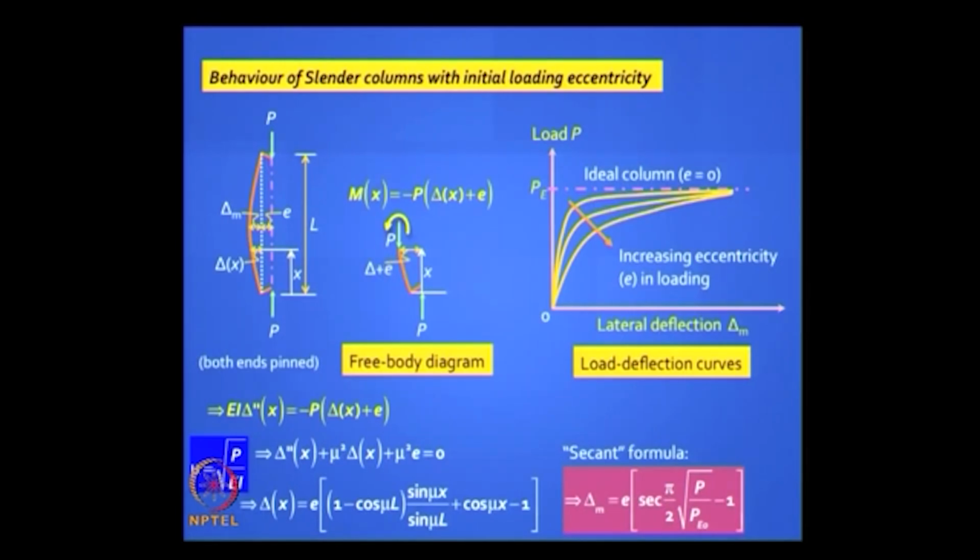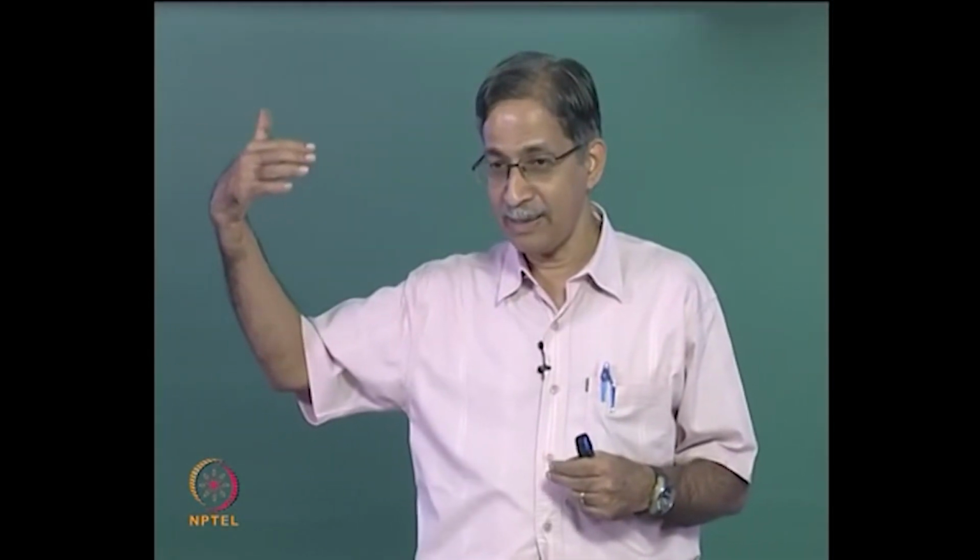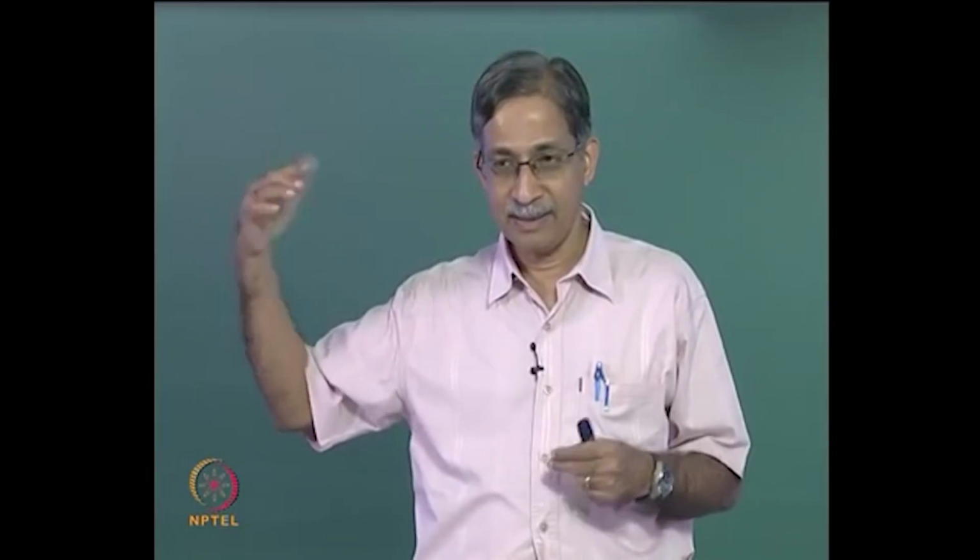So it is going to deflect more and more as you apply more and more axial load. But there is no way you can apply an axial load higher than the critical buckling load of a column without any eccentricity. So you will find all these lines theoretically will asymptotically hit your critical buckling load. Is it clear? This is the difference with respect to the earlier figure.